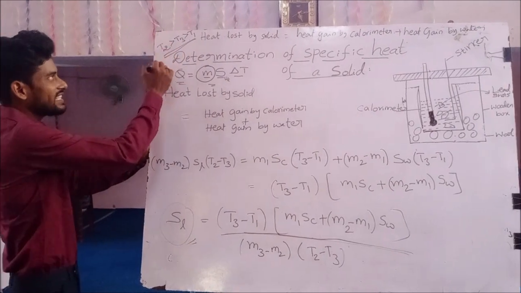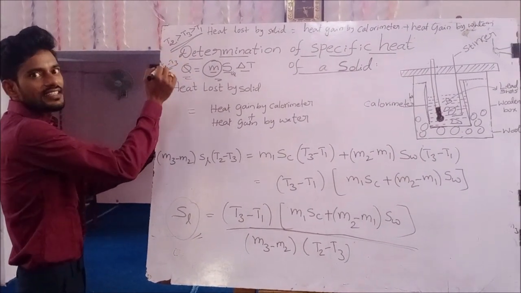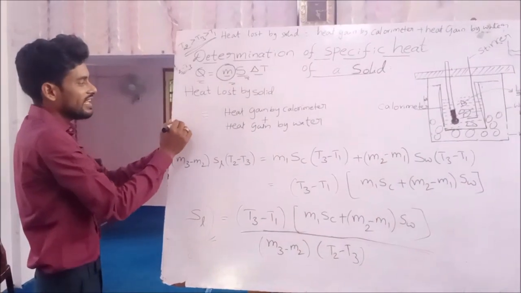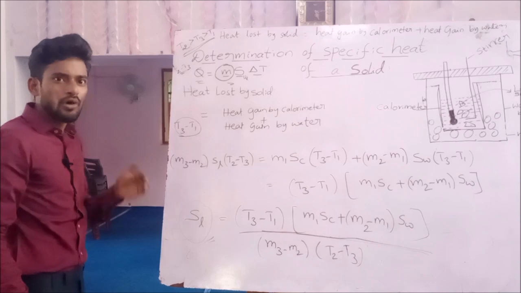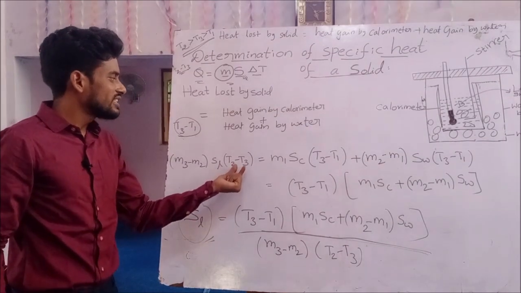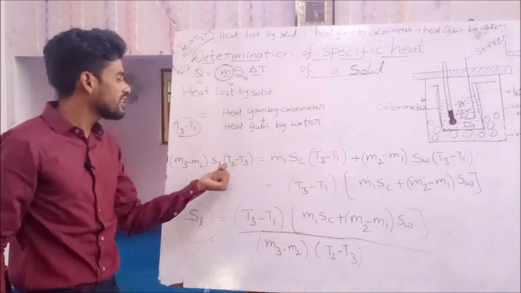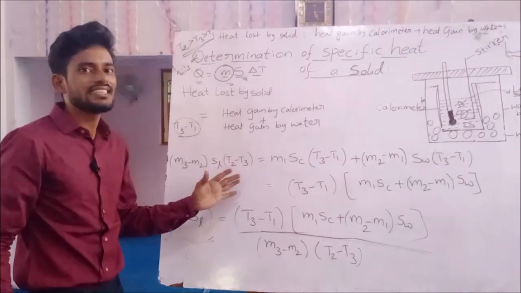You can subtract T2 and T3, and in the other way T3 and T1. Yes, you subtract more to less only. Between T2 and T3, T2 is more, so you subtract T2 minus T3.